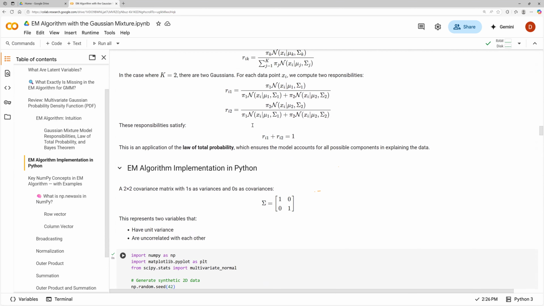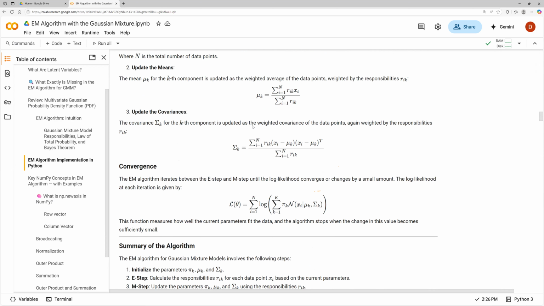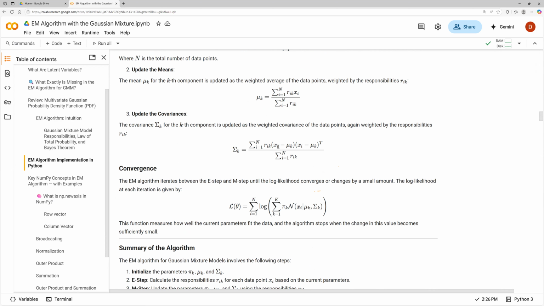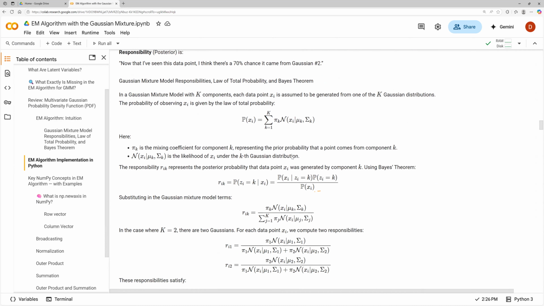Going back, this right here: we have the responsibilities times this difference, summed by r_ik, the responsibility, divided by the sum of r_ik.